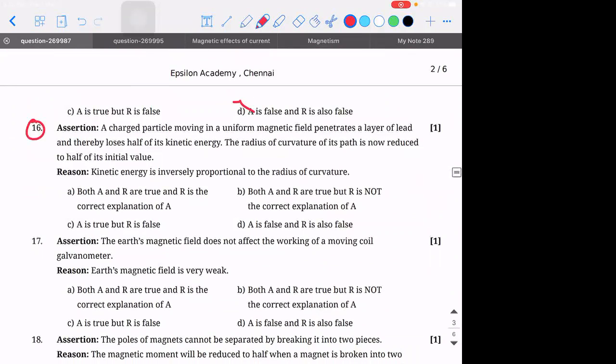There is a charged particle moving in a uniform magnetic field. It penetrates a layer of lead and thereby loses half of its kinetic energy. The radius of curvature of the path is now reduced to half of its initial value. Is it right? How are kinetic energy and radius related? Kinetic energy is directly proportional to R square. So if it loses half of its kinetic energy, the radius of the curved path should decrease by what factor?